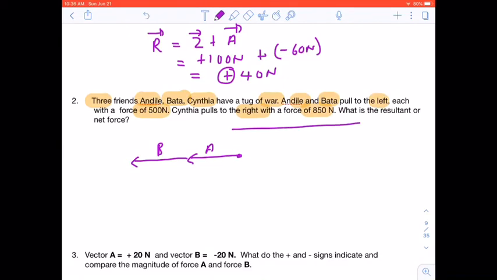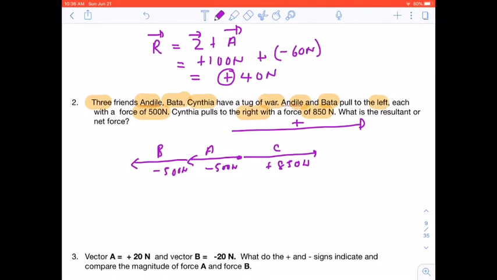And let's say that direction is chosen as positive, so this is towards the left, so that's minus 500 newtons, and that's minus 500 newtons. And then we've got Cynthia pulling in that direction, which is plus 850 newtons.